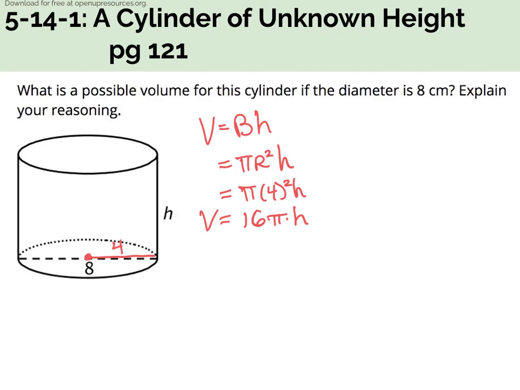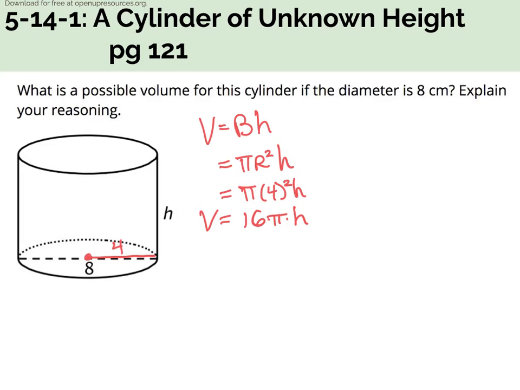So what could be the volume of the cylinder? Well, we could put any measurement for h. We could stick in 1, and 16 times 1 is 16, so the volume would be 16 pi. Then we could put in 2, and we have 16 times 2, which is 32, so it would be 32 pi.